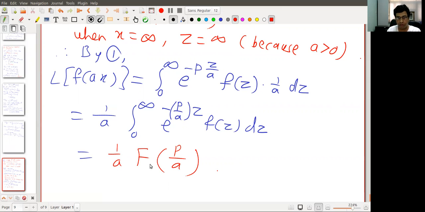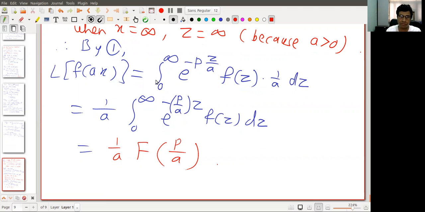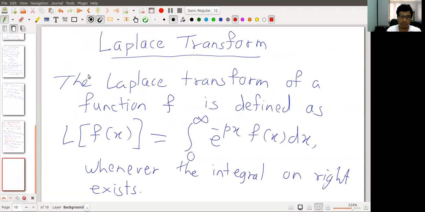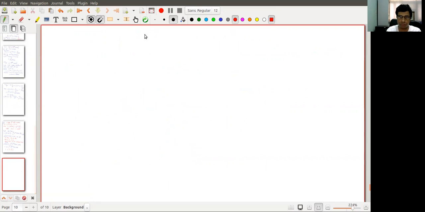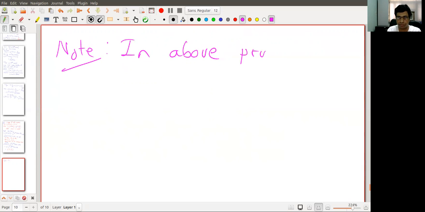Now what is the general thing? Note, in the above property, we can have negative value of a.